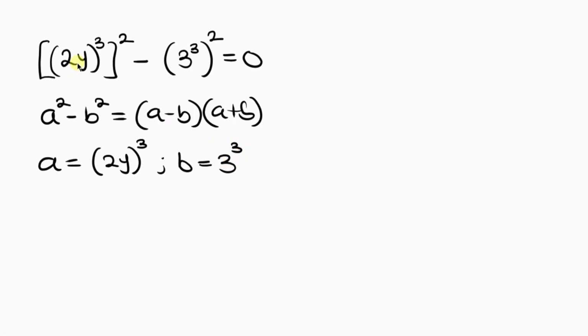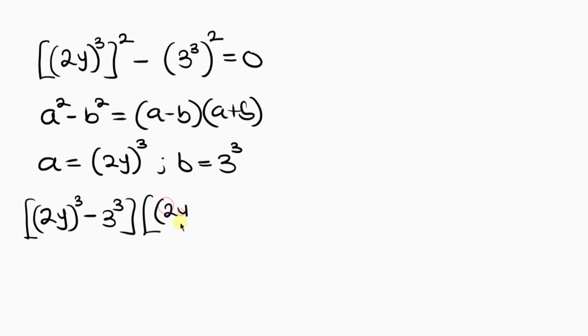Now writing this in this form, this is a minus b. Very good. And then times a plus b, so a, that's 2y cubed plus b, which is 3 cubed. Very good. And this is equal to 0.